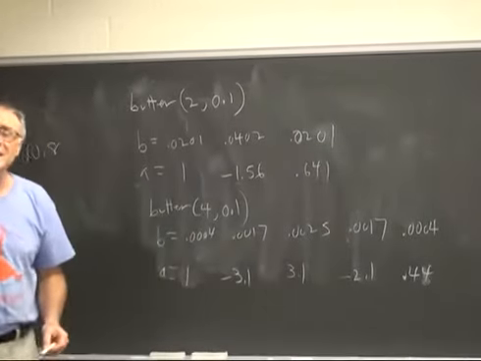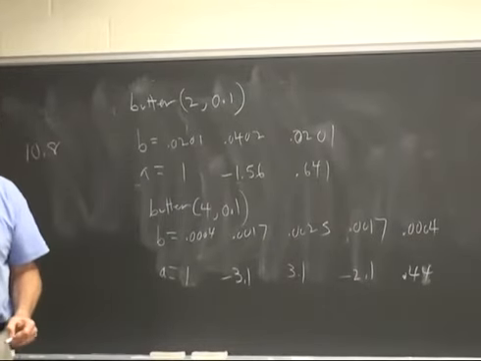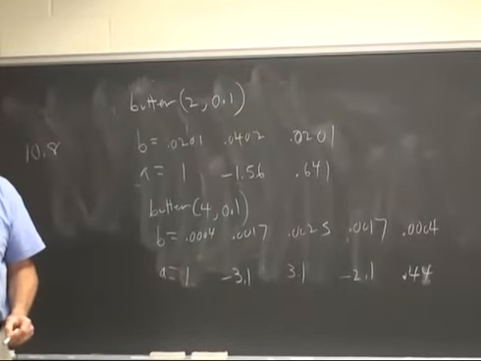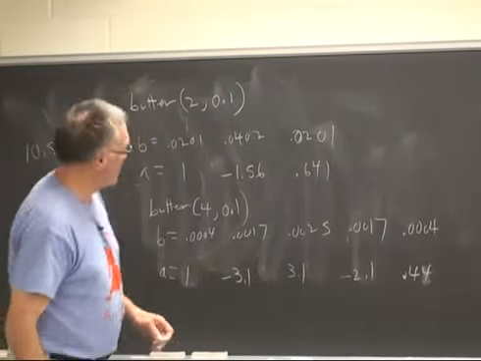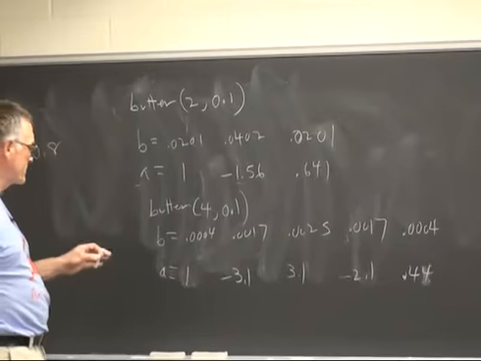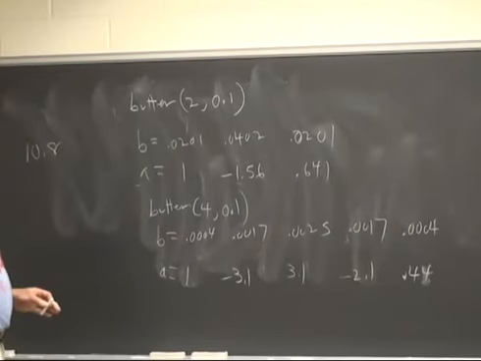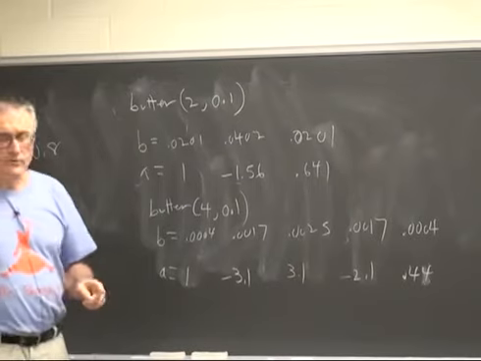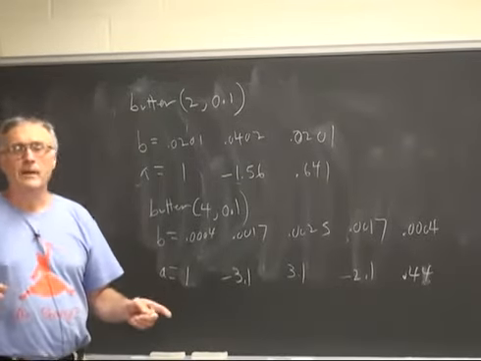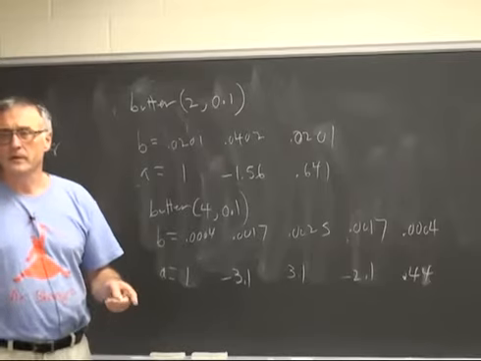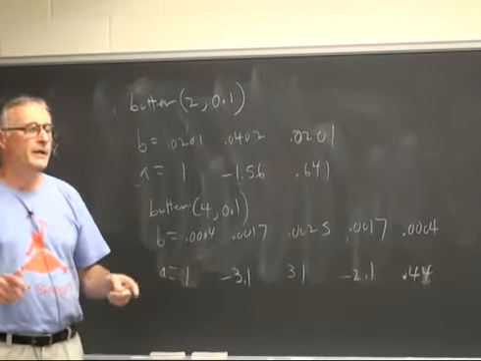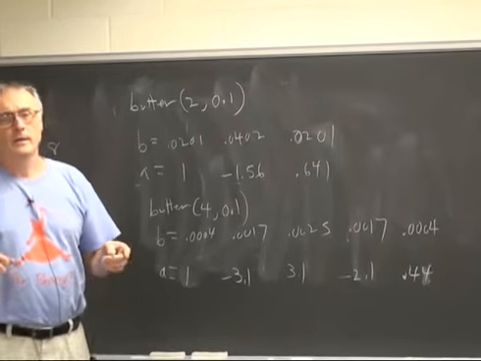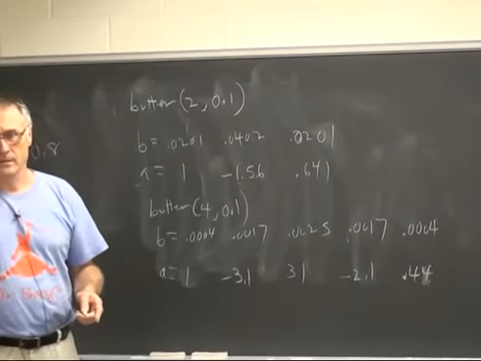Now 16 bits will barely do it. Well, 12 bits will barely do it. 16 bits you're still okay. But you could ask yourself, is there a way of setting up the filter that doesn't require as many significant bits in the coefficients?